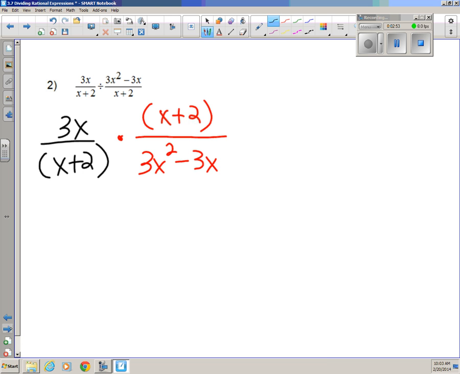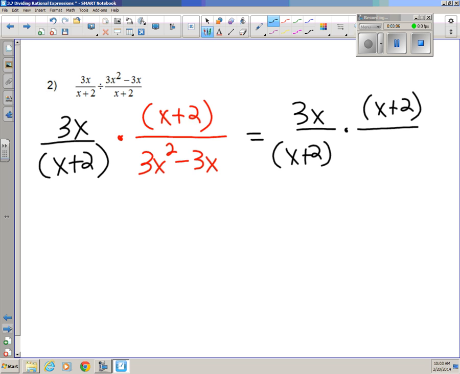Now I'm going to deal with my factoring. So I've got 3x over x plus 2, nothing here is factorable, multiplied by x plus 2, but now my denominator actually has a GCF, and the GCF is 3x. So 3x comes on the outside with an x minus 1 left over.